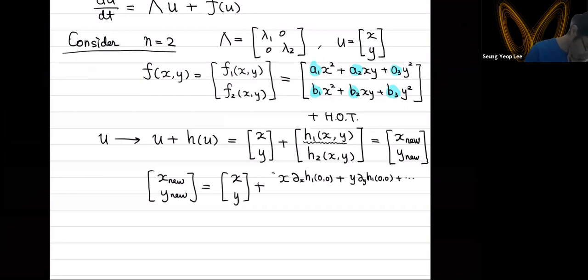The same below: x times the Taylor expansion at the origin, y times h2, and the higher order.